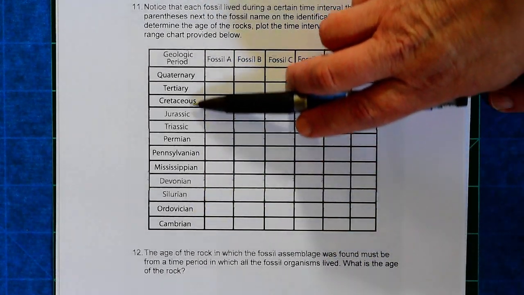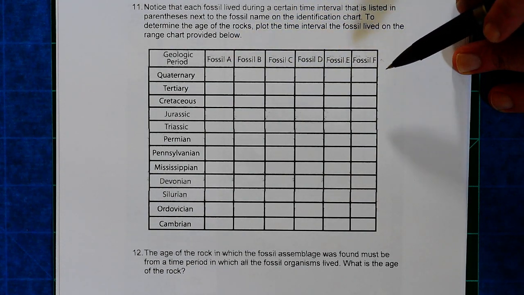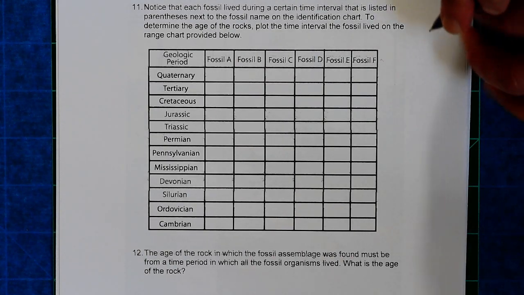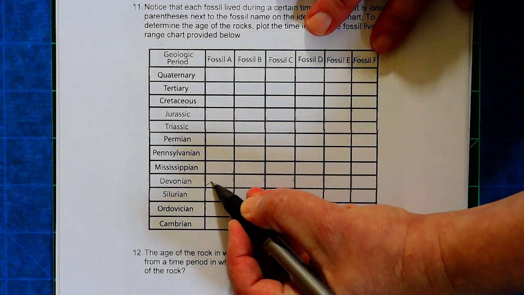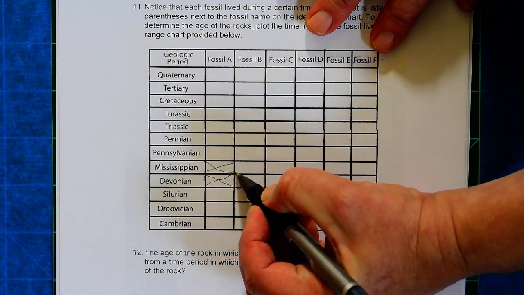Now in the next part of the lab, you're given a chart like this. These are your different time periods. There's the fossils that you identified. So for example, let's say fossil number 1 was Annularia. It's not, but let's say it was. And we just said that that species existed from the Devonian to, what was it, the Pennsylvanian?